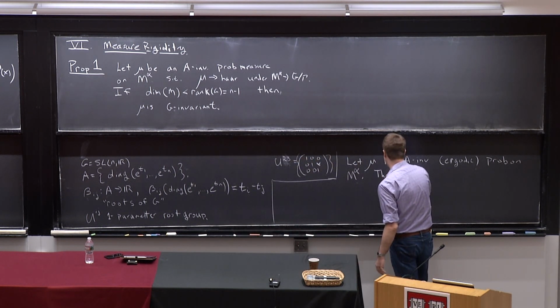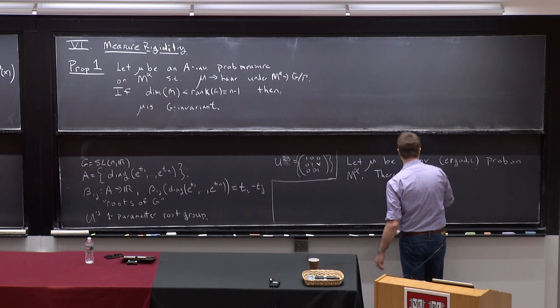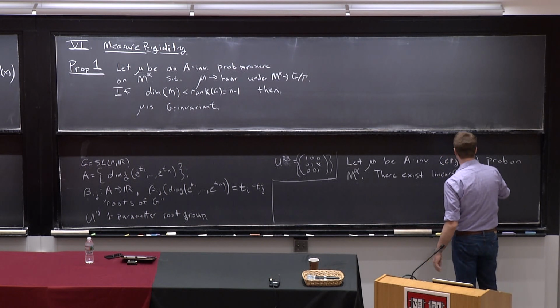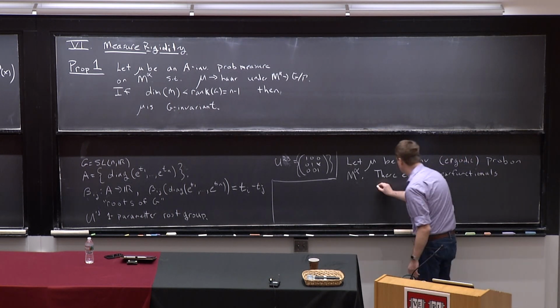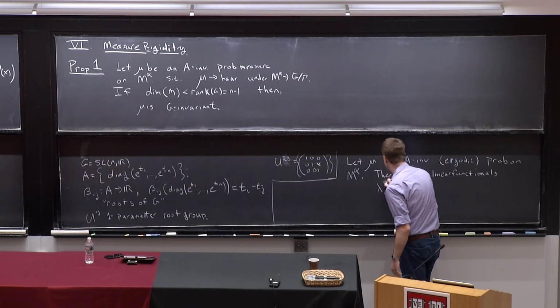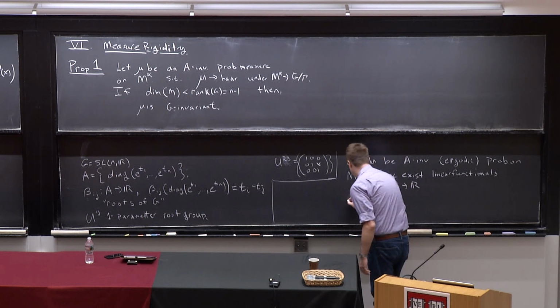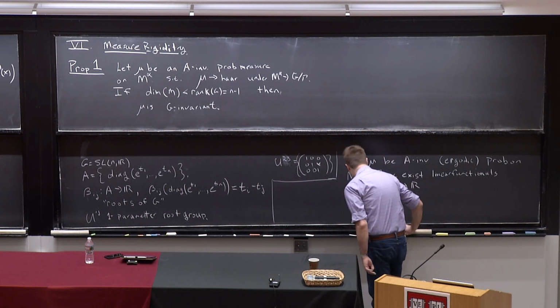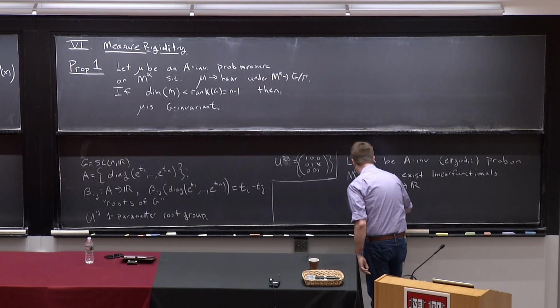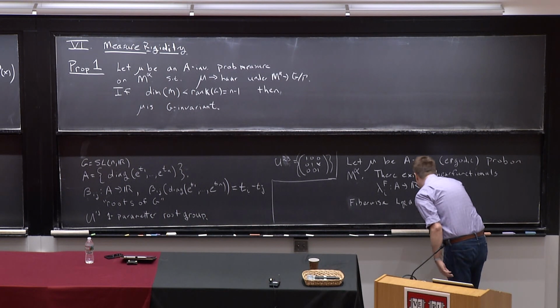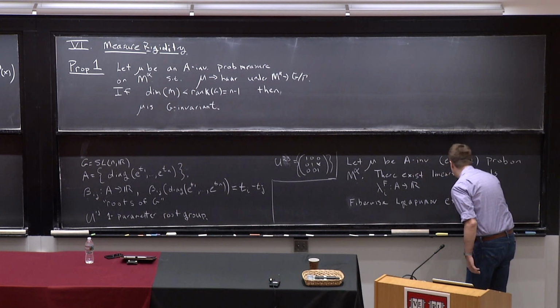So there exist linear functionals, which I'll call lambda I superscript f, from A to R. And these are called the fiber-wise Lyapunov exponents.